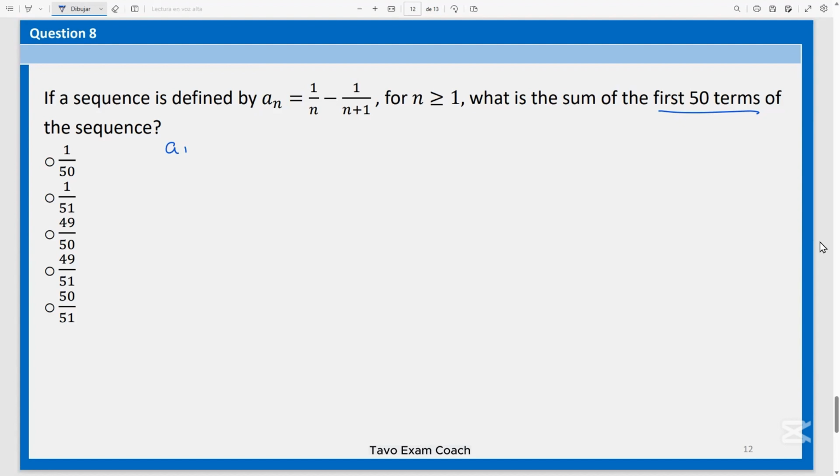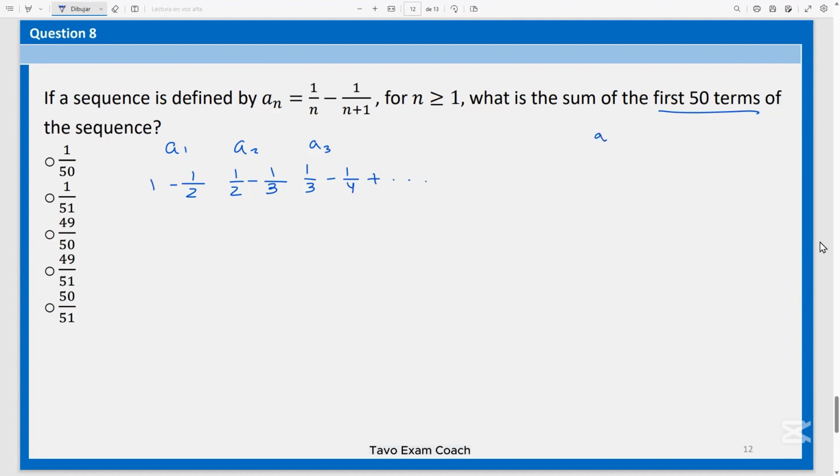For example, a sub 1, or the first term, would be 1 over 1 minus 1 over 1 plus 1, that is 1 over 2. While the second term would be 1 over 2 minus 1 over 2 plus 1, that is 3. The third term would be 1 over 3 minus 1 over 4, and so on and on.